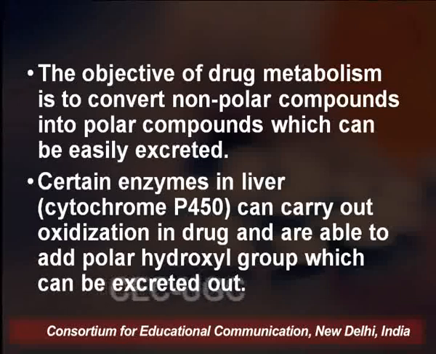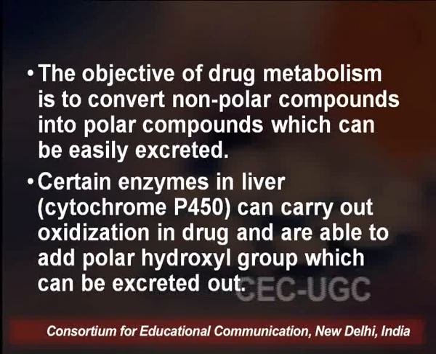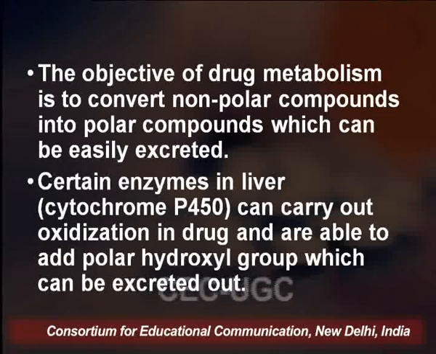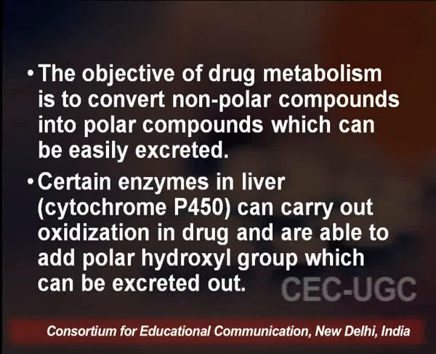Besides that, certain enzymes, say for example in liver, cytochrome P450 can carry out oxidation in drugs and are able to add polar group, hydroxyl group, which can be excreted out. So, this is the enzyme which adds polar hydroxyl group and converts non-polar drugs into polar drugs.